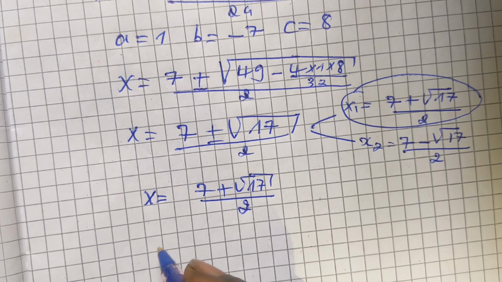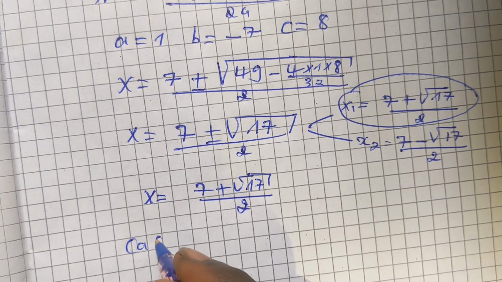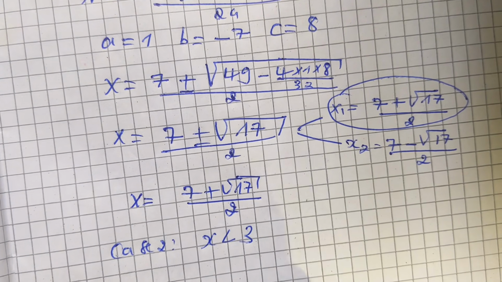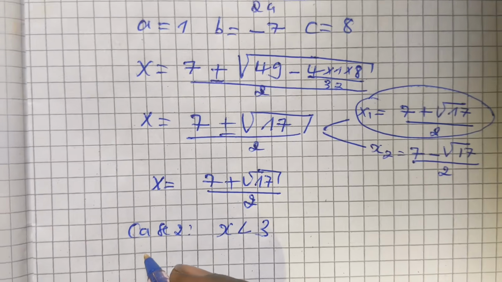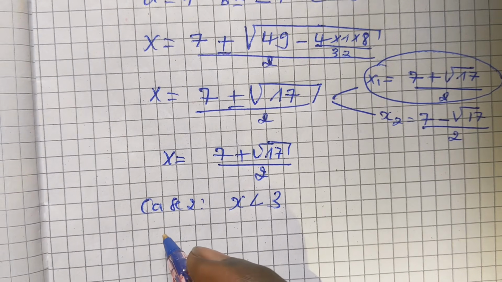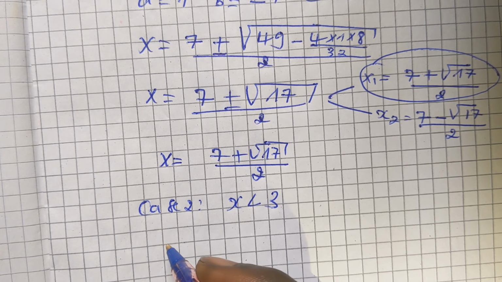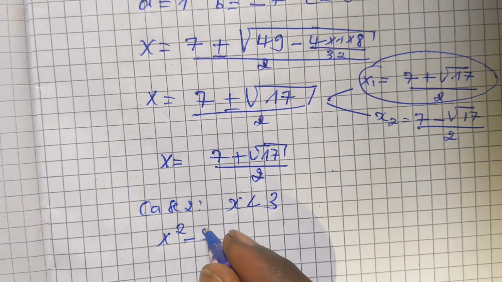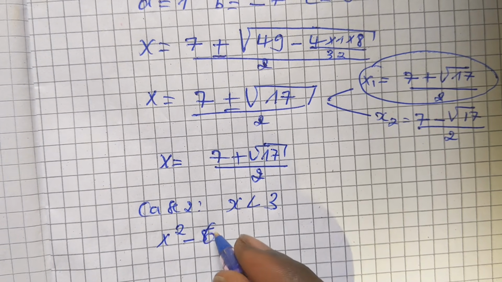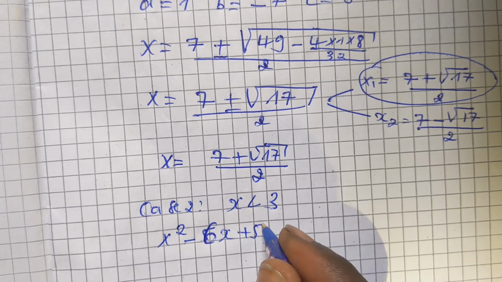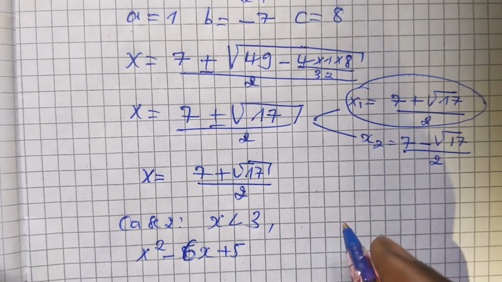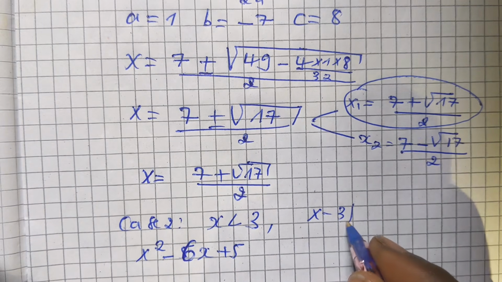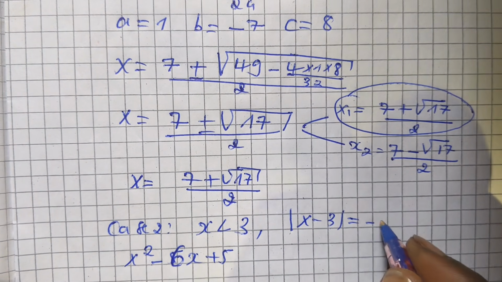Then for the case number 2, we'll be having x which is less than 3. For this case, x squared negative 6x plus 5. Because we're having the x negative 3, for the absolute value we'll be multiplying with negative 1.